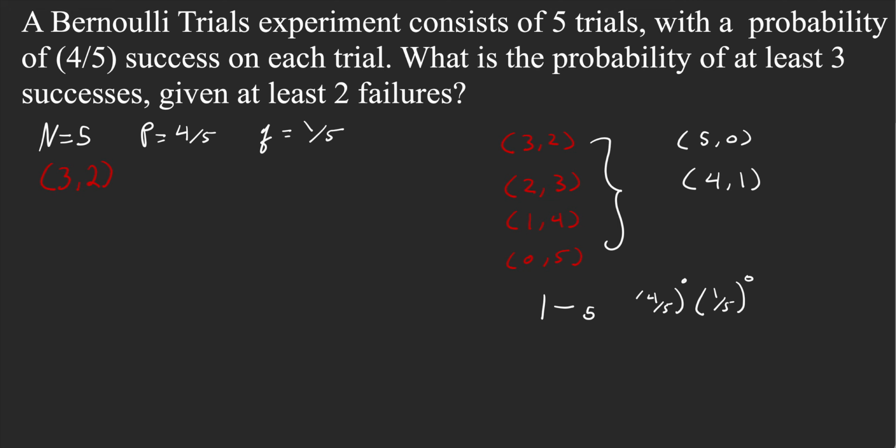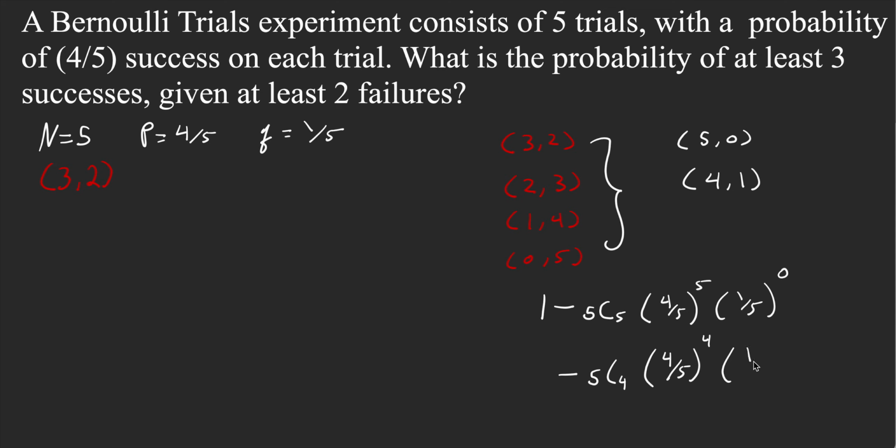This will be right: 5 choose 5, 4/5 to the 5th, 1/5 to the 0th. There you go. That's better. That's 1, that's 1, so we're just left with this. And then we also need to subtract away 5 choose 4, 4/5 to the 4th, 1/5 to the 1st. Okay, so that's the denominator, as ugly as it is.